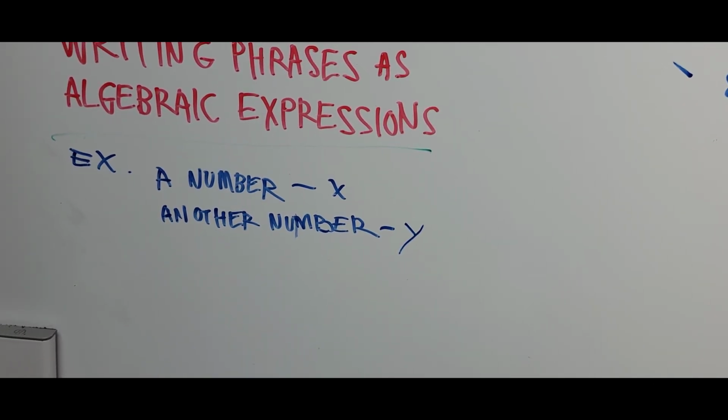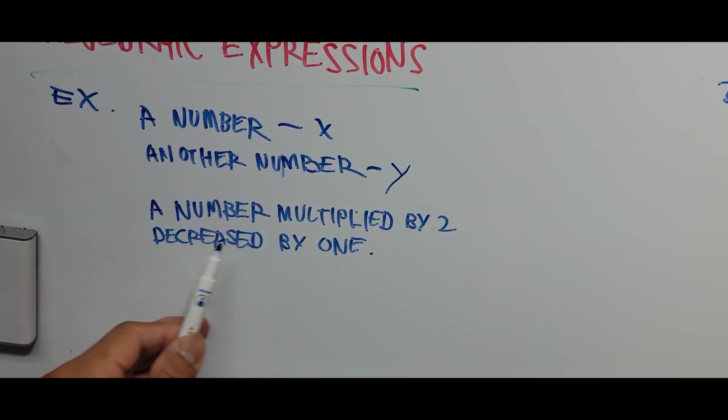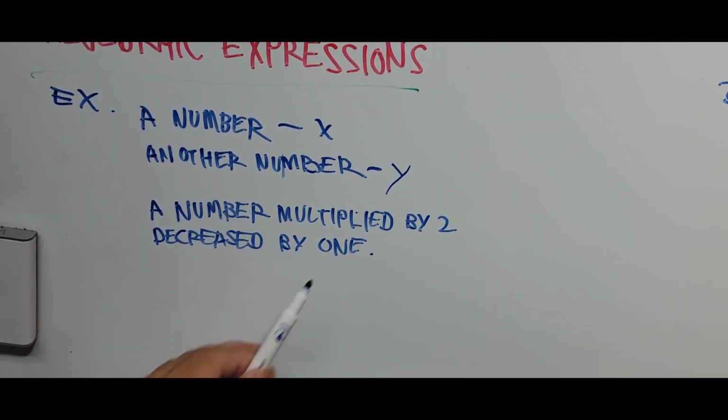Now let's get some examples of phrases representing multiple operations to be done in just one algebraic expression. Let's say a number multiplied by 2 decreased by 1. You can signify the variable number as Y or X, doesn't matter.